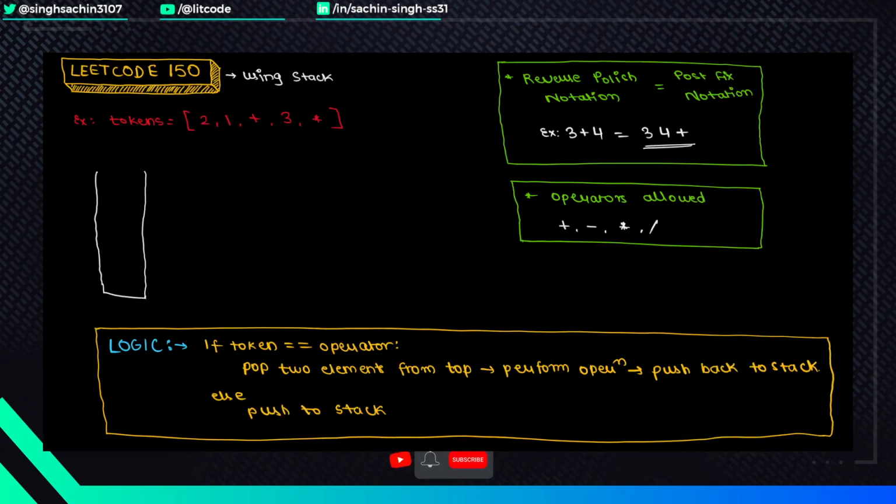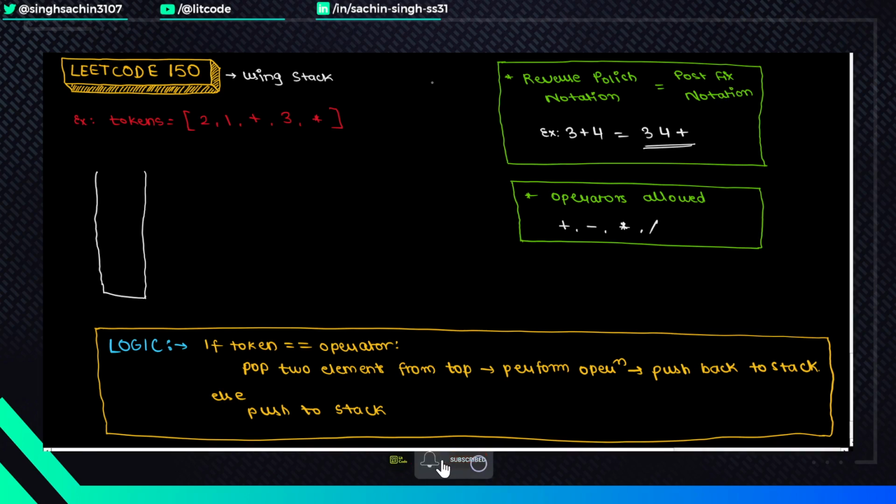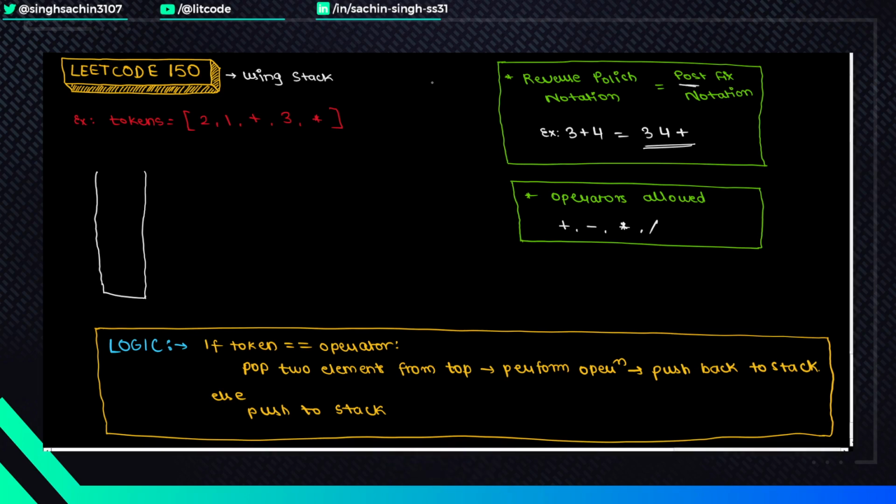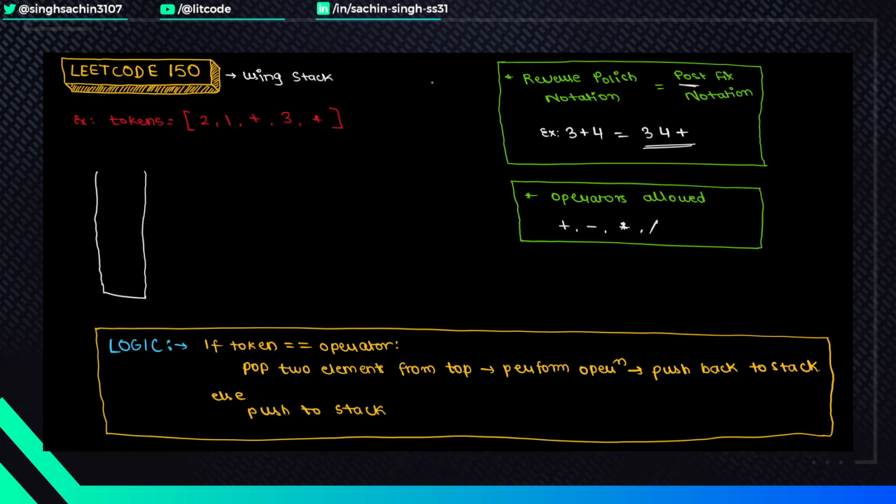So first we'll start with what is a reverse Polish notation. It is nothing but postfix notation, if you're aware of this term. For example, you had an equation 3 plus 4. This is the general notation which we use in mathematics.